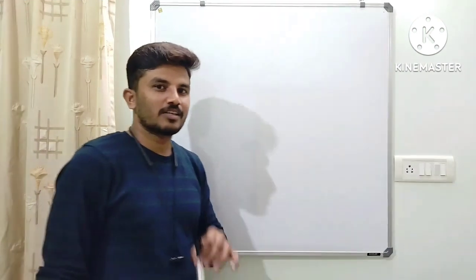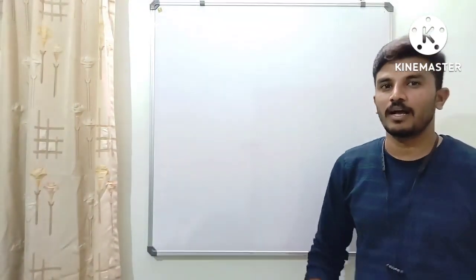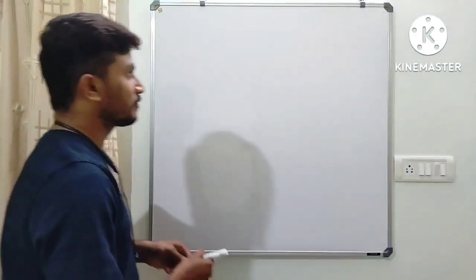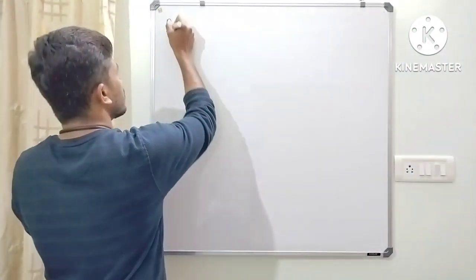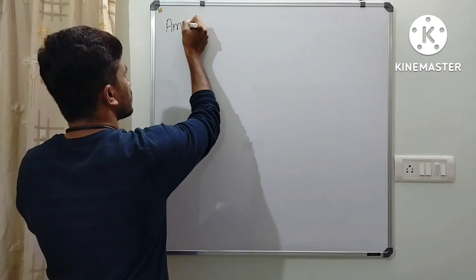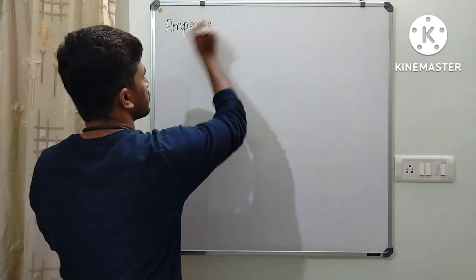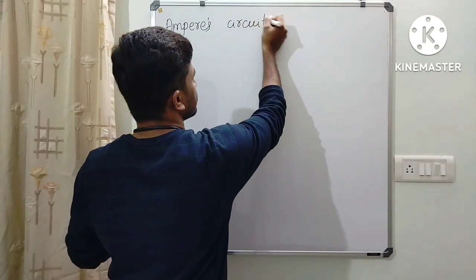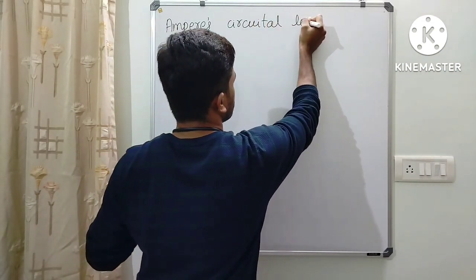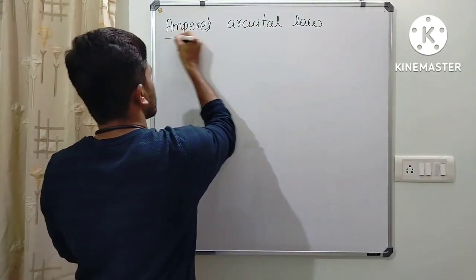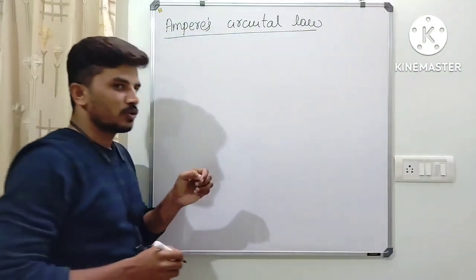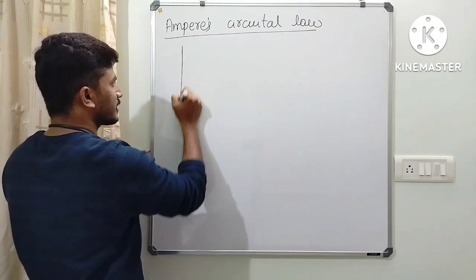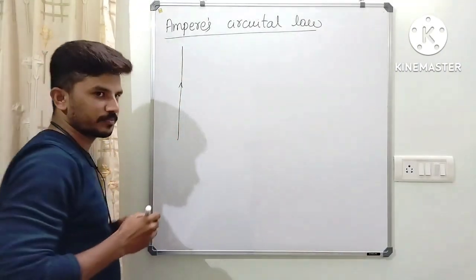We'll move on to the next concept, that is Ampere's circuital law. Let me write the statement first. Ampere's circuital law. To understand this, you need to have a straight conductor carrying current.